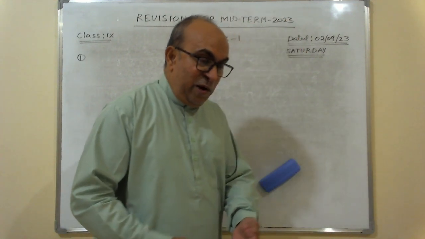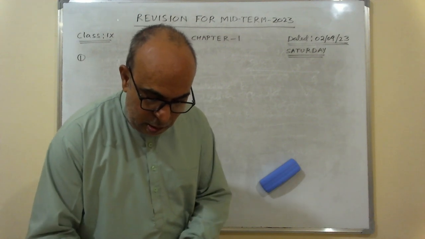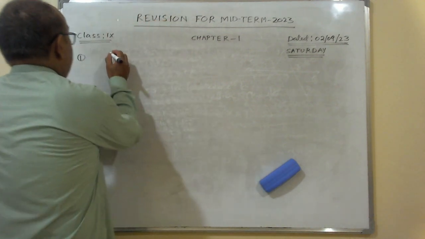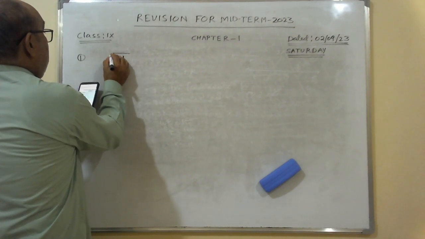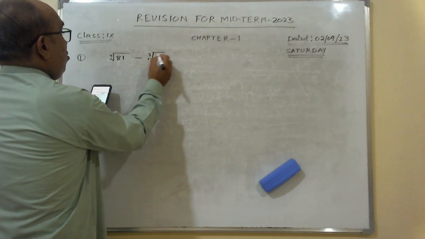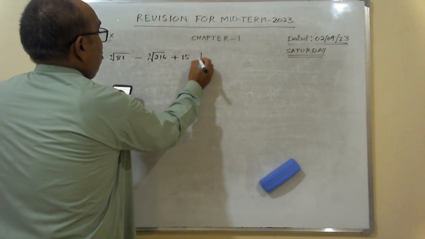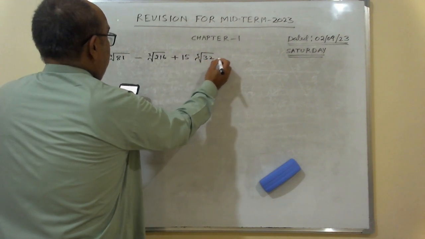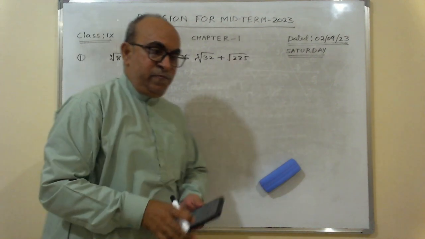So question number 1 is: simplify the fourth root of 81 minus the cube root of 216 plus 15 into the fifth root of 32 plus the square root of 225.